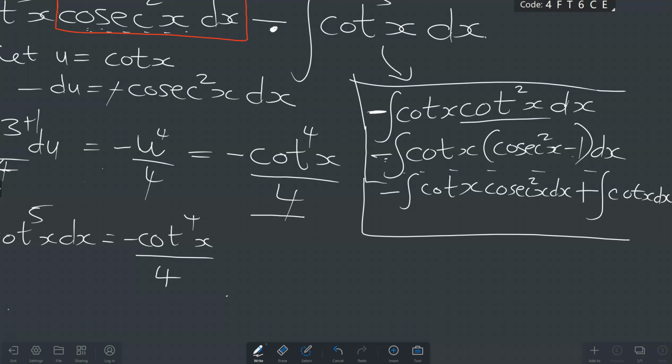So what we'll then do on this part, same thing with substitution, but what you need to understand is that whenever you have a cot and you have cosec squared, your solution will resemble the kind of solution that you would get if you were integrating something like x squared. You would get x cubed over 3. So that means when you have cot x and a cosec squared, as long as there is a cosec squared next to it, you're going to just add 1 to the power.